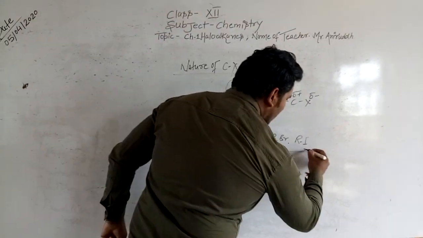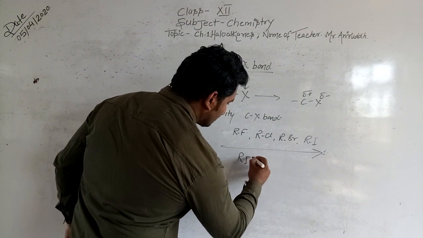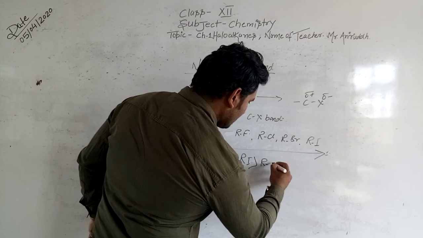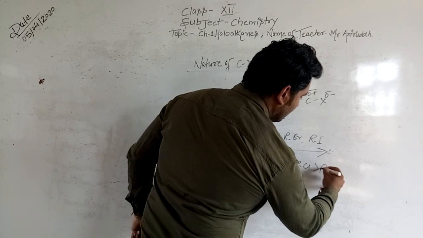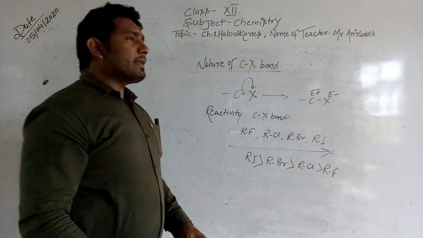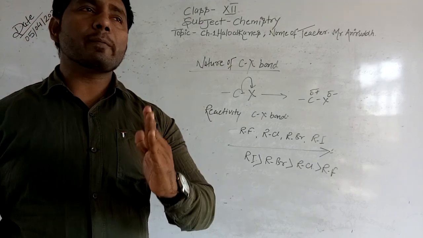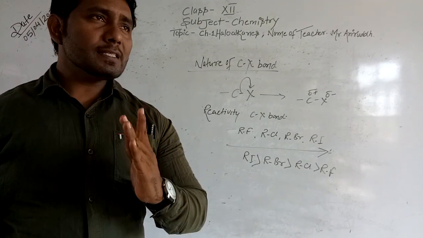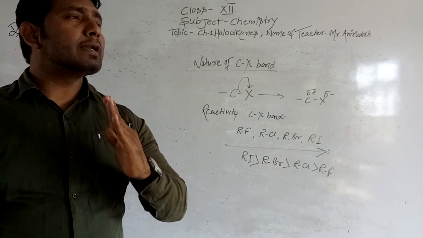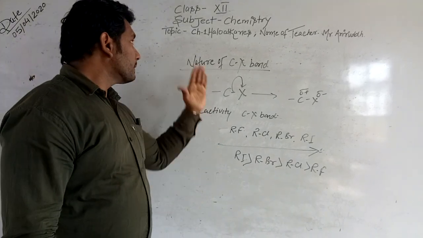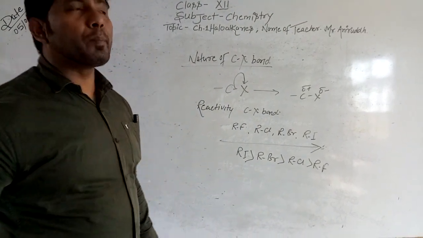So the order of increasing reactivity is RI, which is more than RBr, then RCl, then RF. So the reactivity of the C-X bond increases with increase in the size of the halogen atom and decreases with increase in the bond length and decrease in the bond dissociation enthalpy. So the nature of the C-X bond becomes polar.